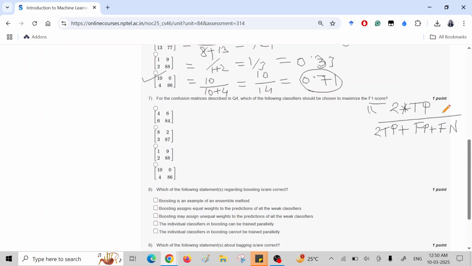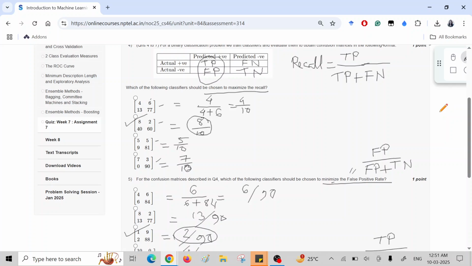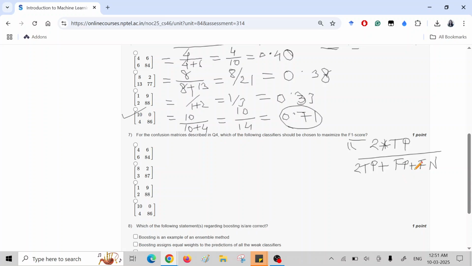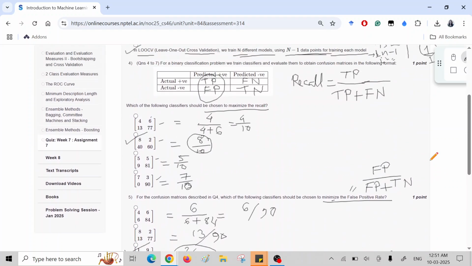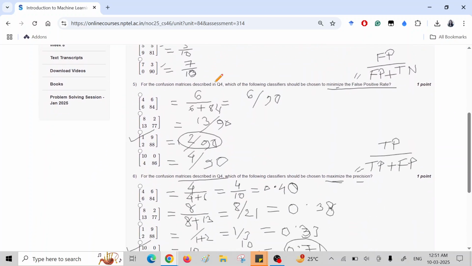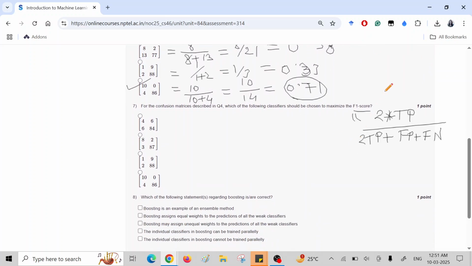If we cross-check with the confusion matrix, true positive is this one, then in the denominator I have FP and FN, the off-diagonal values, also added with twice of true positive. So I need to add all those values in the denominator.